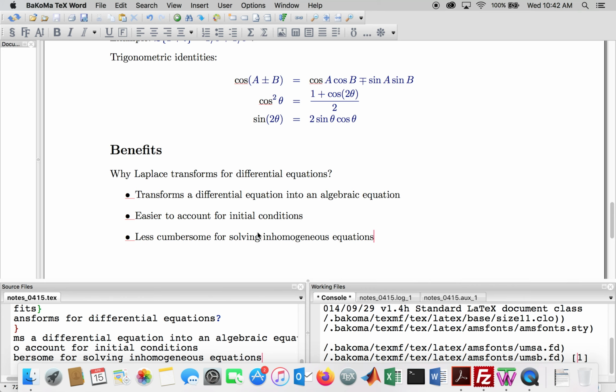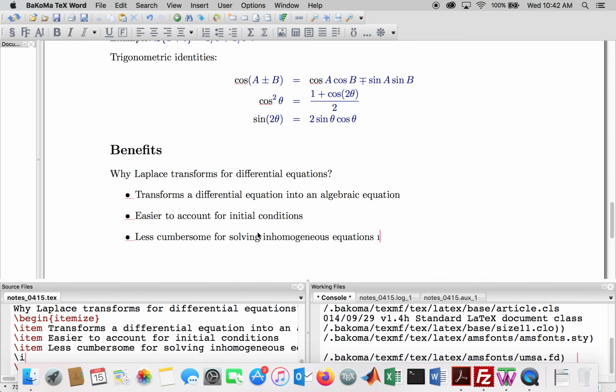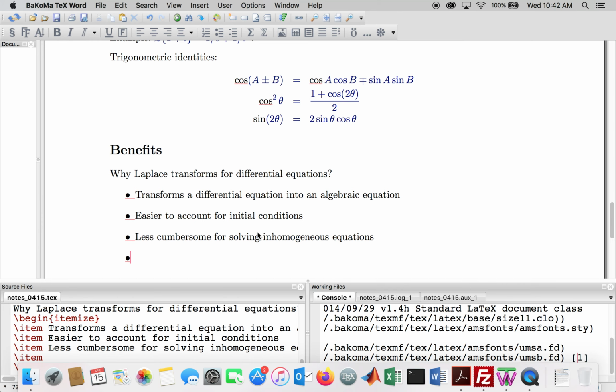So if you have an inhomogeneous equation, you have something non-zero on the right side, you're just going to take the Laplace transform of that function too. And then it's already taken into account for the purpose of finding the transform of your solution. And so no need to solve for a whole bunch of unknown parameters, for instance, or work out nasty integrals most of the time.